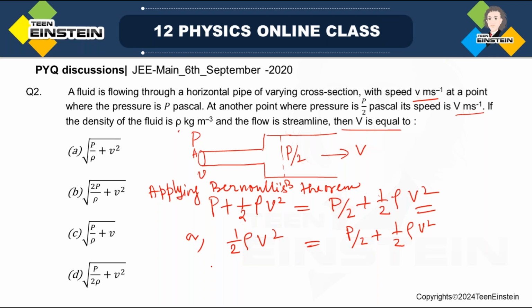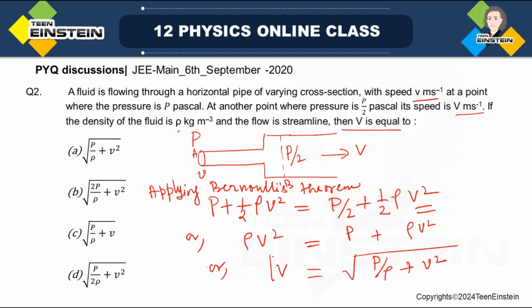I can multiply both sides by 2 first, and then divide by rho. So capital V is equal to the square root of P by rho plus small v square.